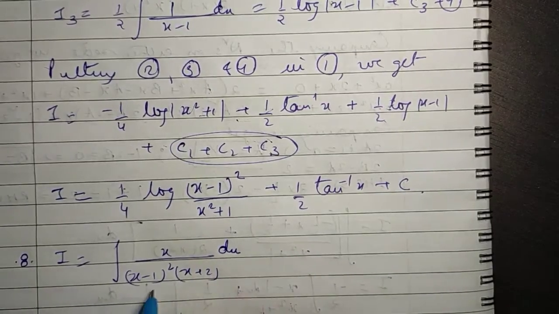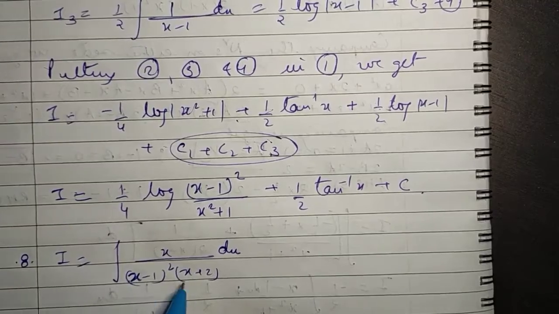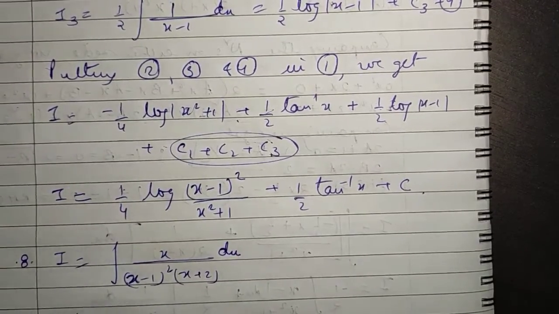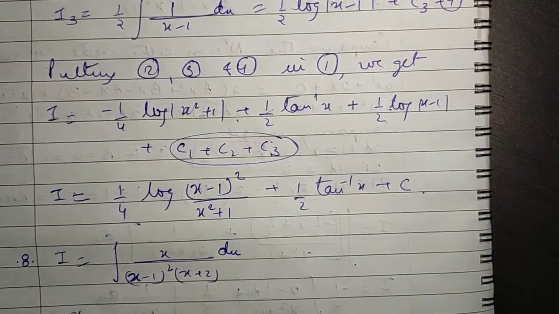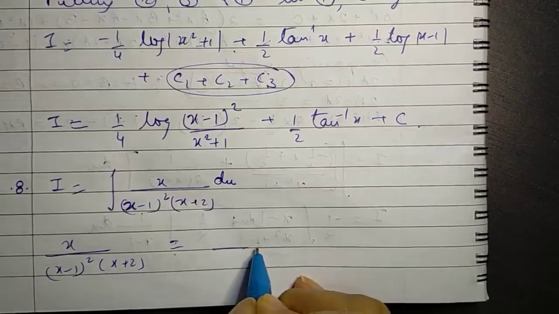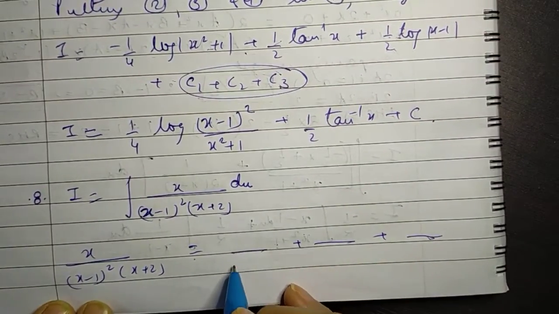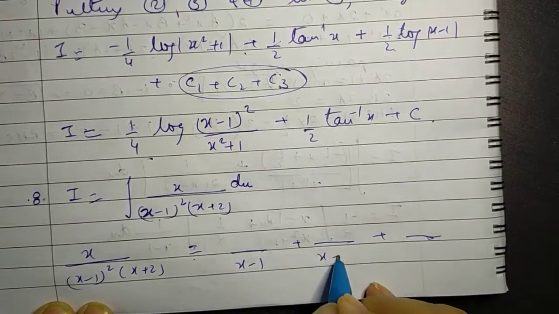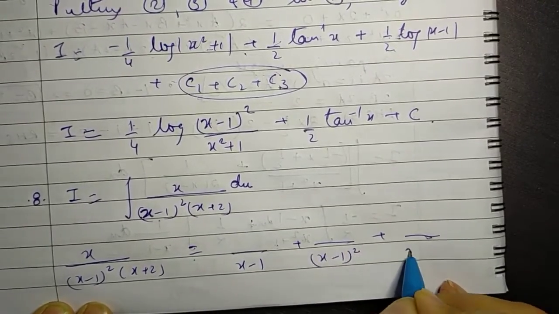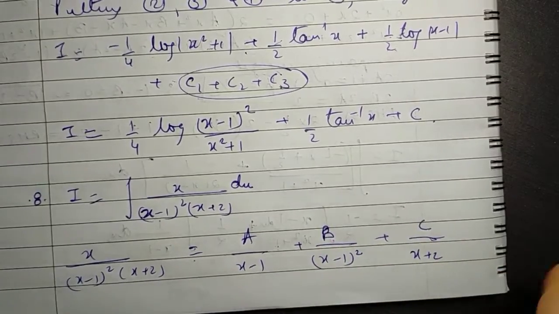In this case again, the special thing is that though these are all linear factors, one of the linear factors is repeated, so the result to be used here will be, we write it as, we will get three different factors, one of which is x minus 1, one will be x minus 1 square, and one will be x plus 2, and the three constants would be a, b and c.